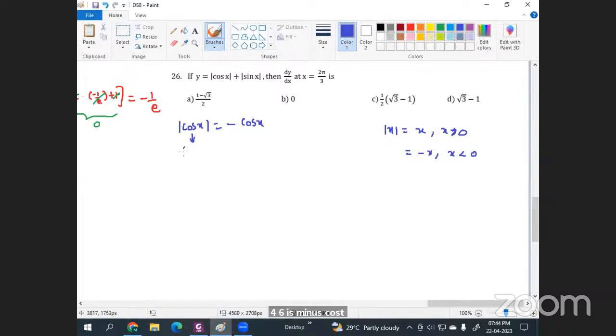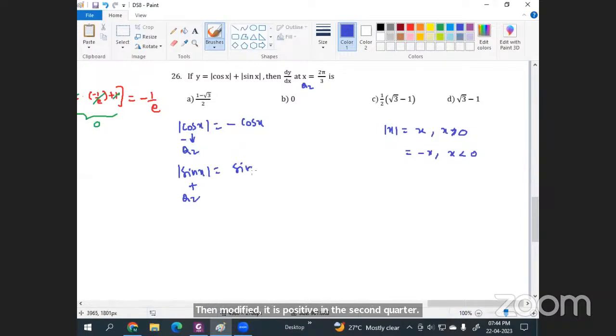Because this is the second quadrant. 2 pi by 3 is in the second quadrant, so cos is negative. Then mod of sin x is positive in the second quadrant. Correct? So sin x. Now I'll write it as y equal to minus cos x plus sin x.